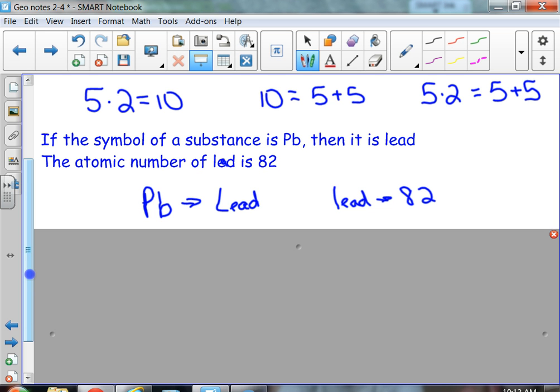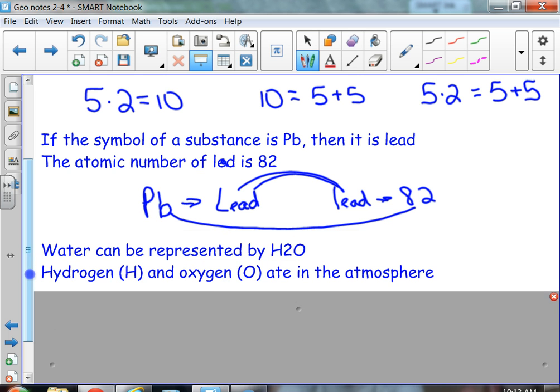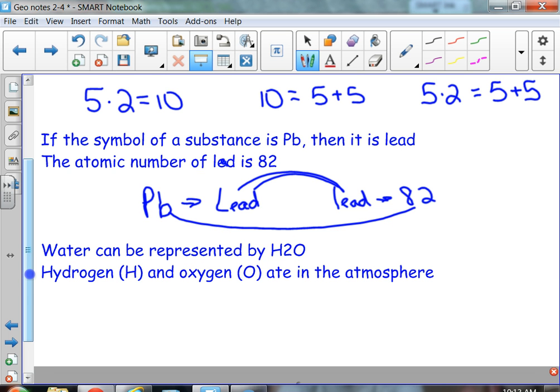Can we say that? So can we say that Pb is 82? Yeah, it's just like this one up here. Because the lead is the same, then we can say that Pb is 82. How about the next one?